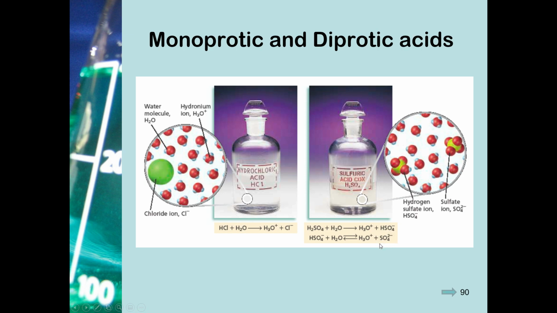But they have a pretty strong attraction for each other. We've talked about this before. If they have a pretty strong attraction for each other, they will want to recombine. So when the number of these increases, the number of those going back starts to increase until finally there are as many ionizing in this direction as there are unionizing back in this direction.